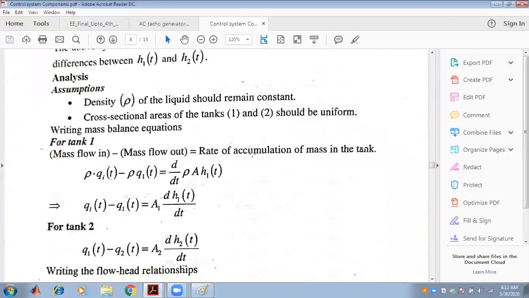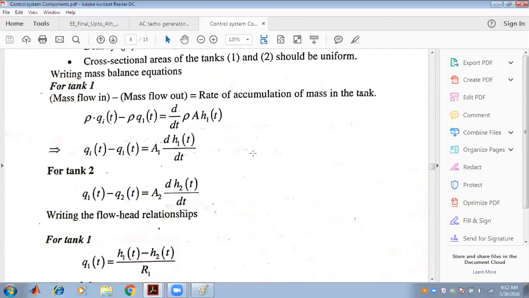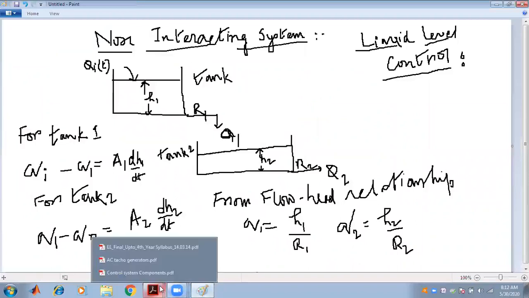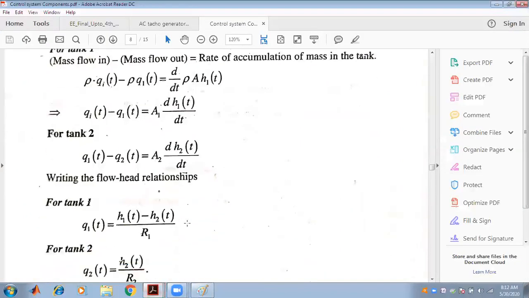So it is the same as we have done in the previous case, only the change from the non-interacting to interacting is that it depends upon the levels H1 and H2.